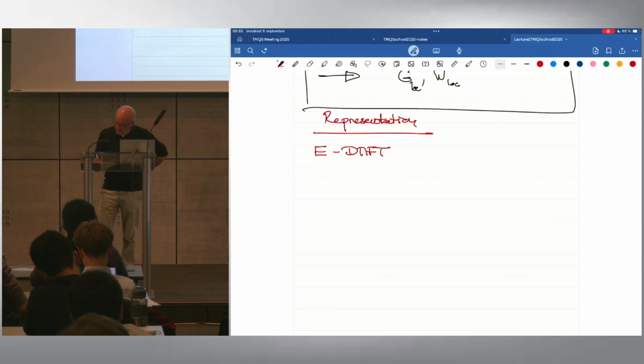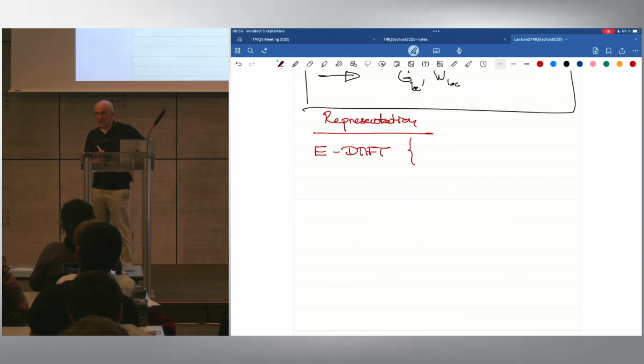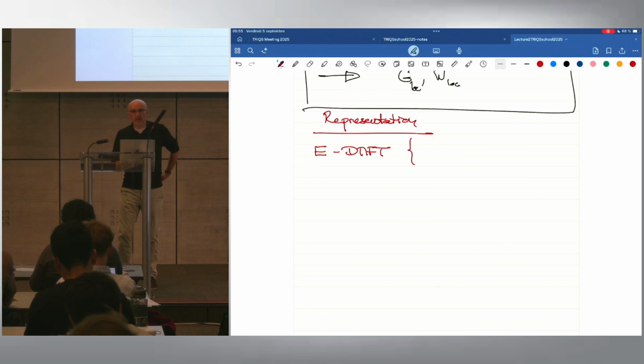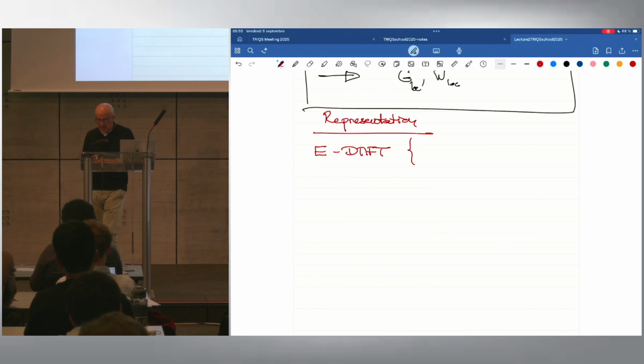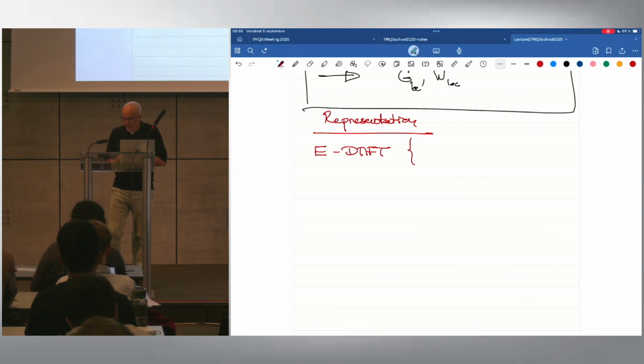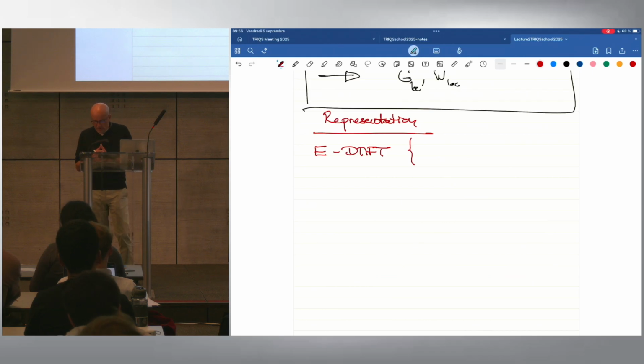And this goes back to the mid-90s, a bunch of papers by myself and Anirvan Sengupta, Qimiao Si, and Chris Kotliar, and so on, in different contexts. But the idea is very simple.